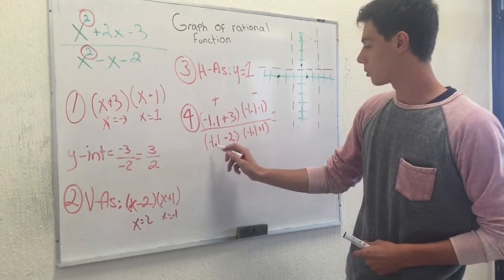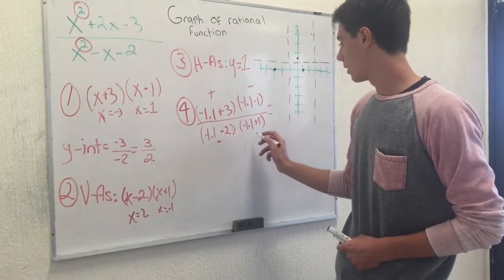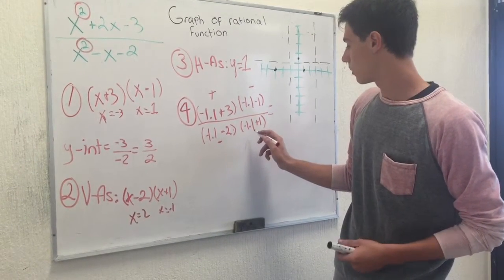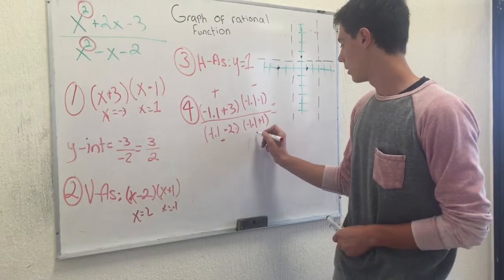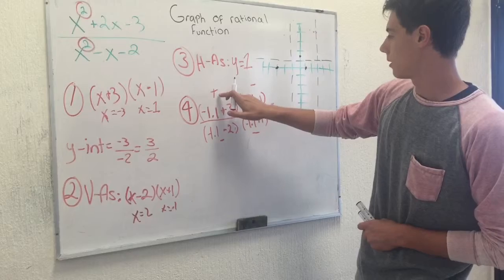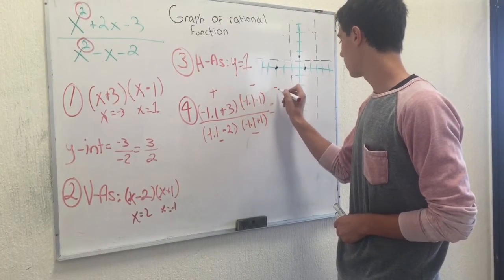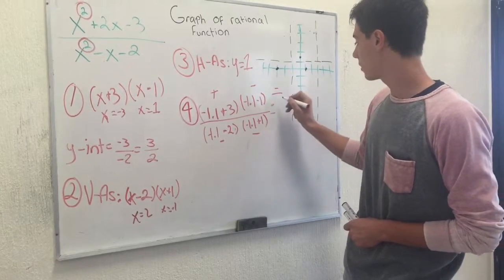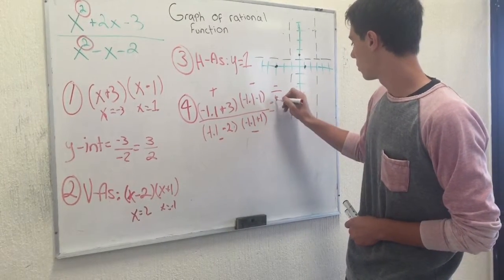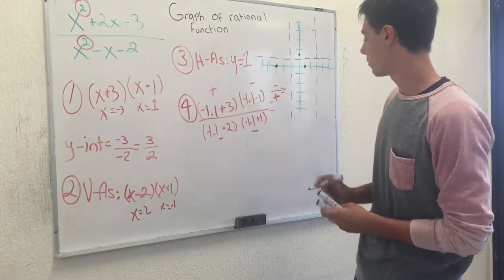Right here, -1.1 minus 2 is going to be negative. And right here, -1.1 plus 1 is going to be negative. So if we multiply positive times negative, it's going to be negative, over negative times negative, which is positive. So when we get this, we get a negative number.